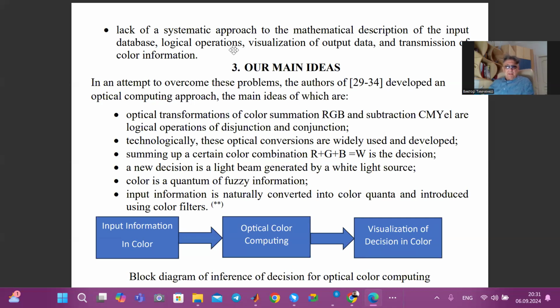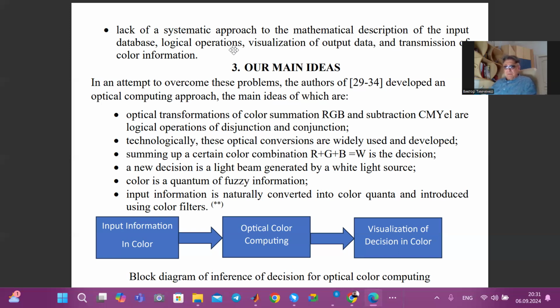Our main ideas. In an attempt to overcome these problems, the authors developed an optical computing approach, the main ideas of which are optical transformation of color, summation, and subtraction, as logical operations of disjunction and conjunction. Technologically, this optical conversion is widely used and developed.